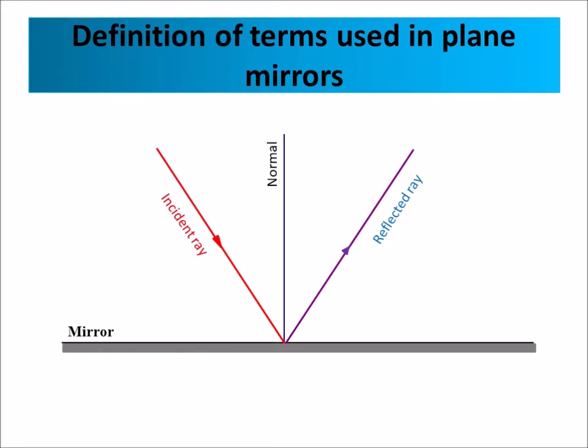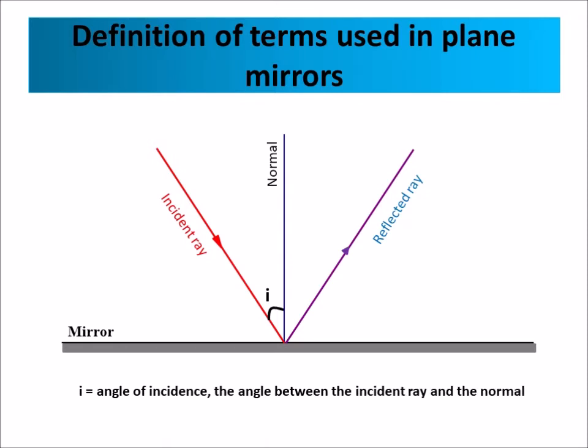Now let's look at more terms related to reflection on plane mirrors. So you'll now consider the angle labeled I. So we call this the angle of incidence. And by definition, the angle of incidence is the angle between the incident ray and the normal.